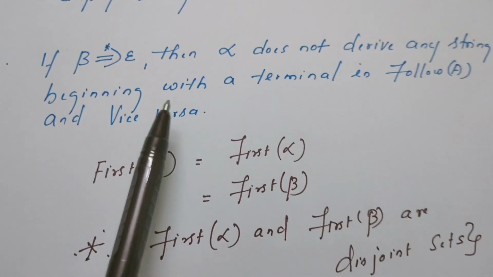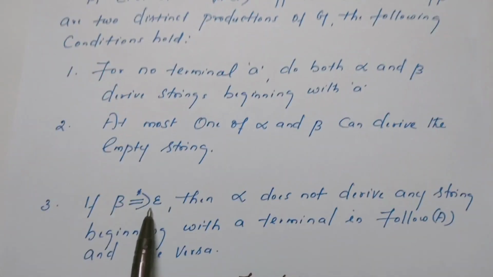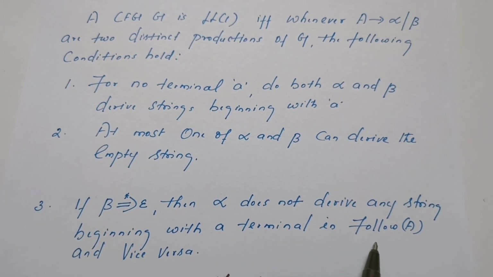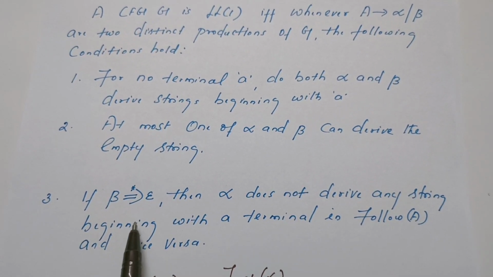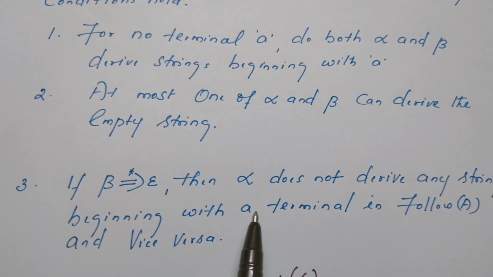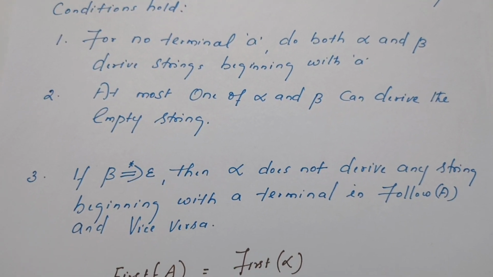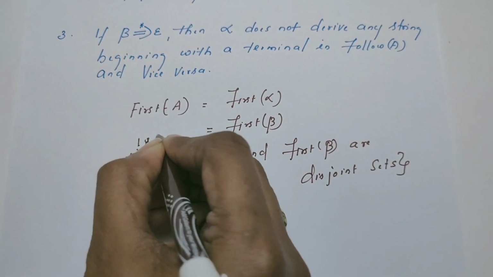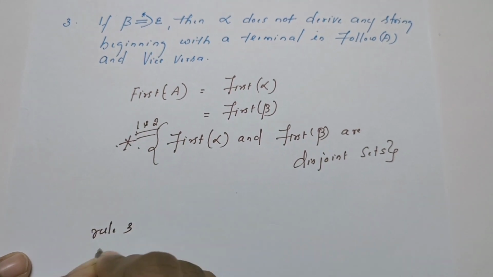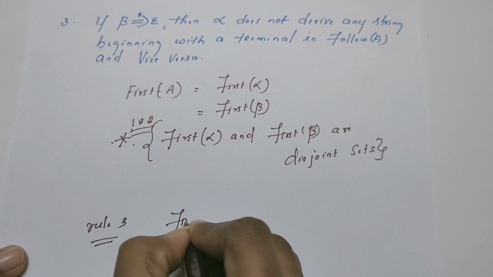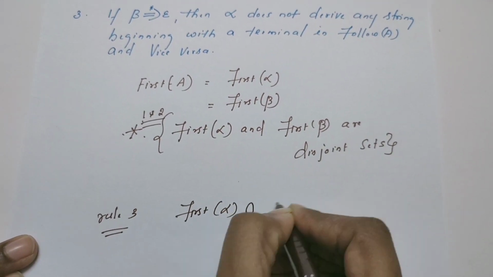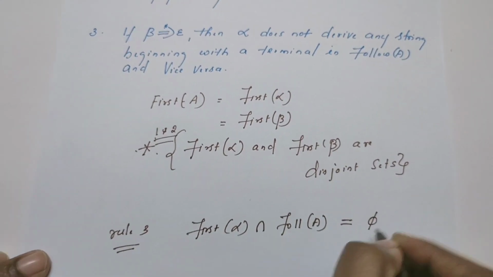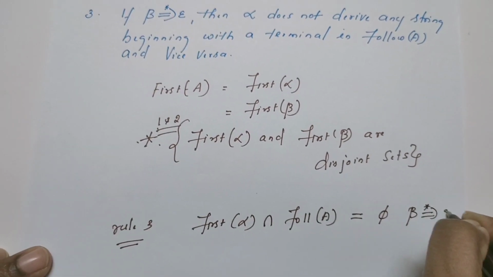Now let us see what rule number 3 is. Rule number 3 says if beta derives epsilon, then alpha must not derive any string beginning with a terminal which is in follow of A. Similarly, vice versa: if alpha derives epsilon, then beta does not derive any string beginning with a terminal that is in follow of A. So rule number 3 says first of alpha intersection follow of A is null when beta derives epsilon.